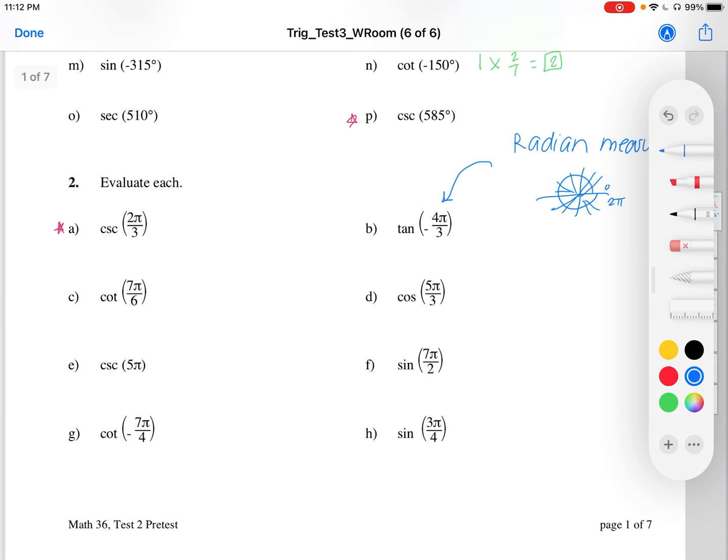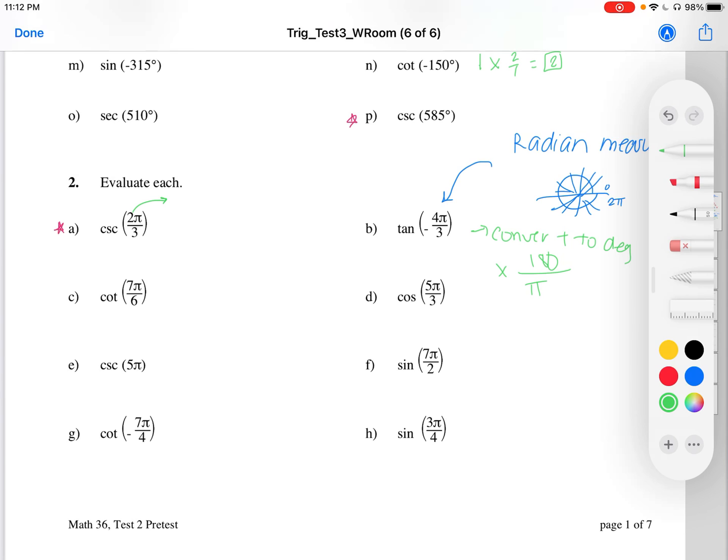To change it to degrees, you just convert by multiplying by 180 over pi. I'm going to do one example here because it's exactly as we did above. Cosecant of 2 pi over 3. If this throws you off, you can just look at your unit circle, find 2 pi over 3, and try to find cosecant.